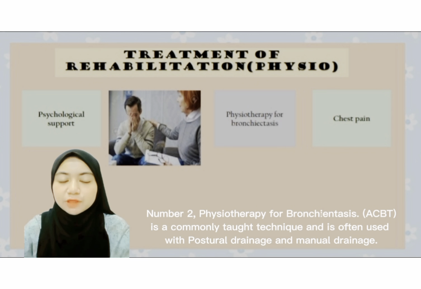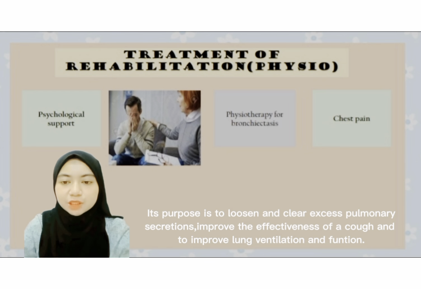Number 2, physiotherapy for bronchiectasis. ACBT is a commonly taught technique and is often used with postural drainage and manual drainage. Its purpose is to loosen and clear excess pulmonary secretions, improve the effectiveness of cough, and improve lung ventilation and function.